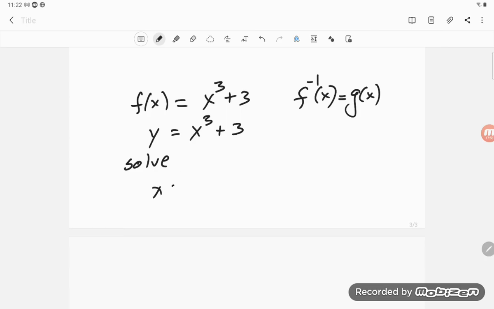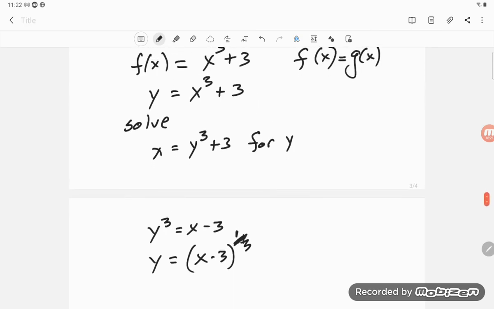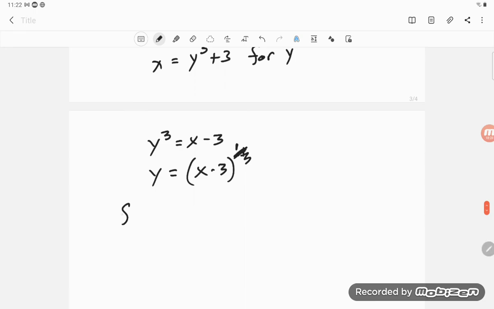I would solve x equals y cubed plus 3 for y, and so I get y cubed equals x minus 3, or y equals the cube root of x minus 3. Whoops, 1 over 3. x minus 3 to the 1/3, and so then I could say, oh, well, that's f inverse of x, which is also the same as what I'm calling g of x, and that's x minus 3 to the 1/3.